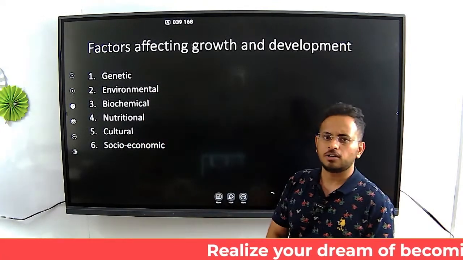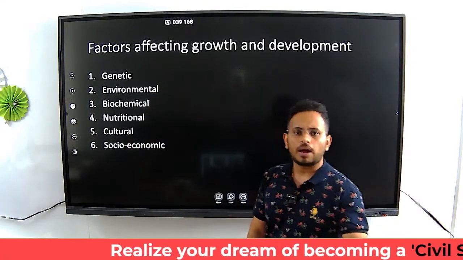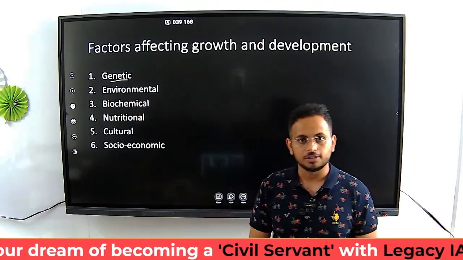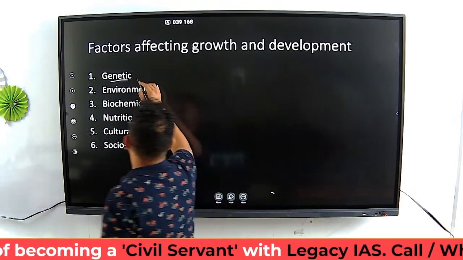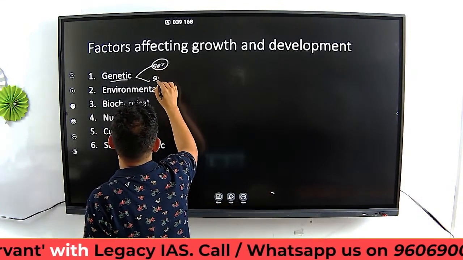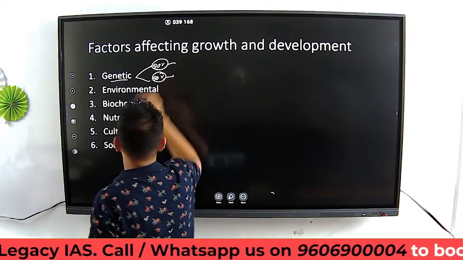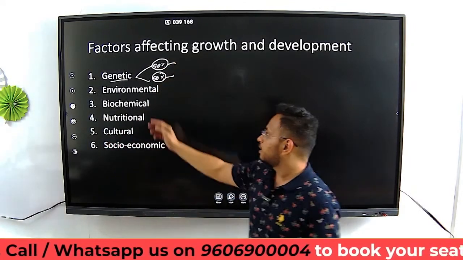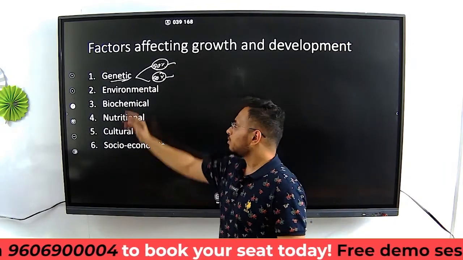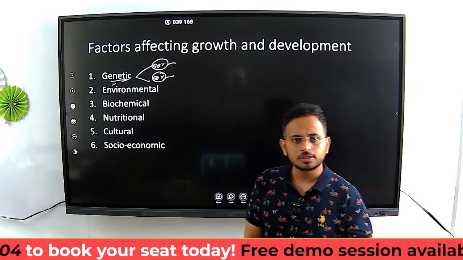The first factor that has an impact on everything is the genetic, that is inheritance, because 50% of our characteristics are inherited from the father and the other 50% are inherited from the mother. So this inheritance is a very crucial factor that influences the growth.